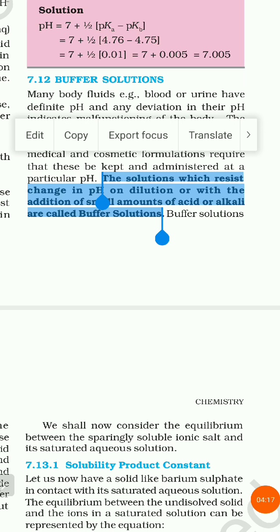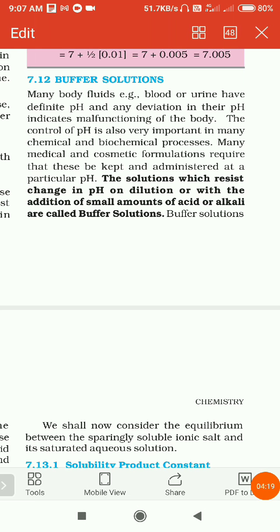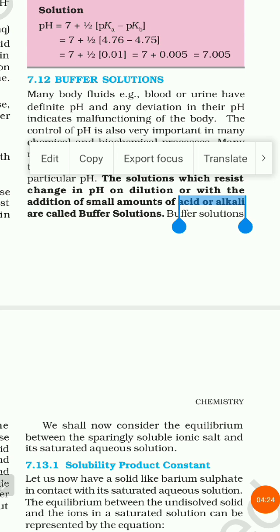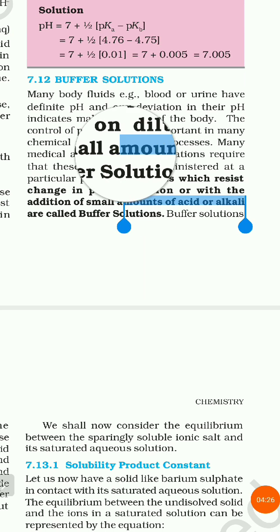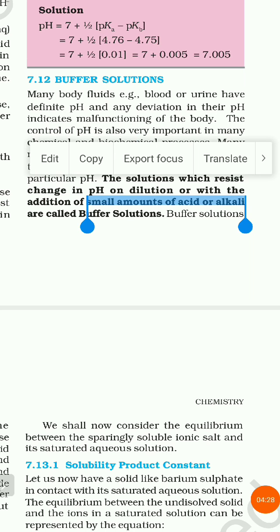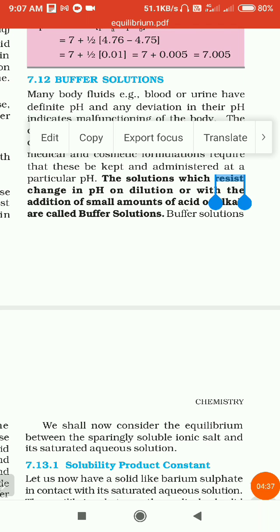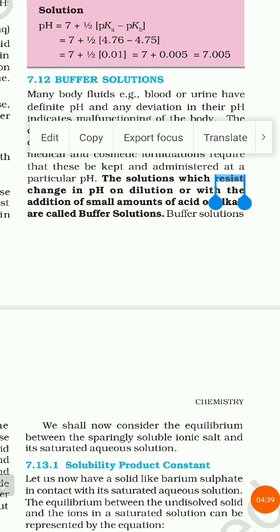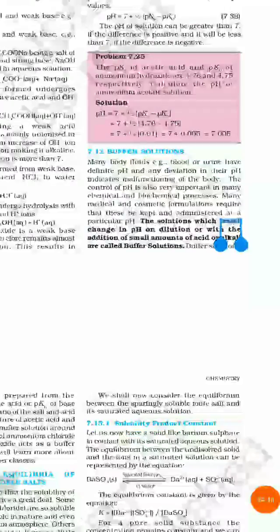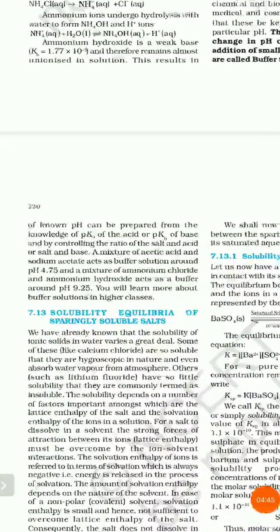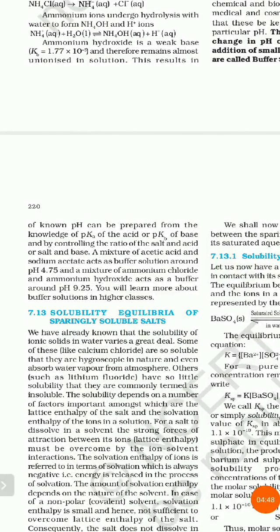That means if you add a small amount of acid or base to the solution, the pH of the solution will be constant. Resist means it remains constant. The pH of the solution remains constant.